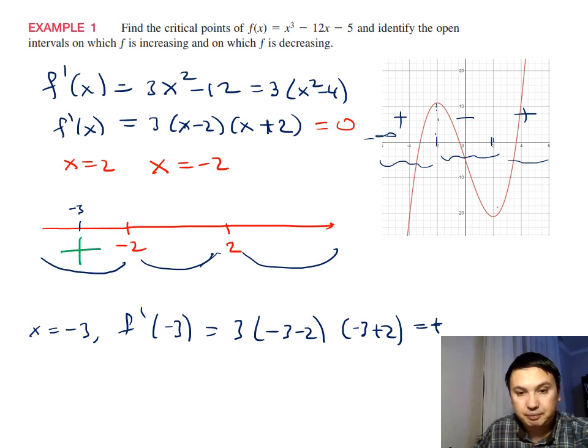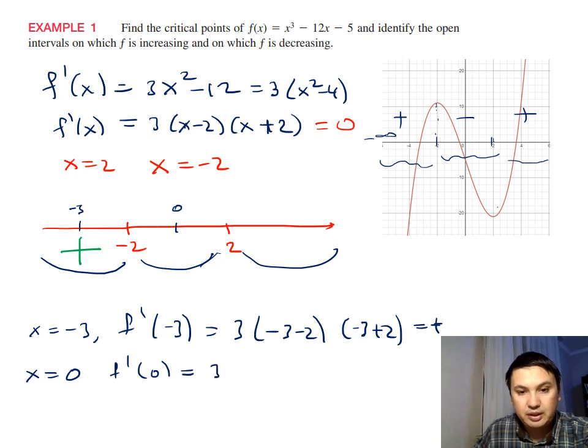So we see that here my function is positive, right? Now, how about on the interval from minus 2 to 2? From minus 2 to 2, you can pick any point. For example, I can pick 0. If you let x equal to 0, then what is your f prime of 0?